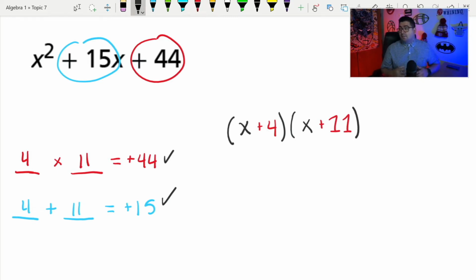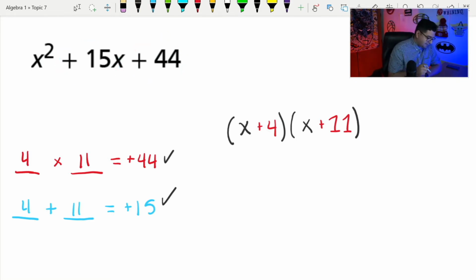And if I were to multiply these two binomials, I would actually get x squared plus 15x plus 44. I could multiply them using FOIL, box method, area method, distributive property, whatever method you're comfortable with. Really doesn't matter which one you do, you would get this same trinomial.